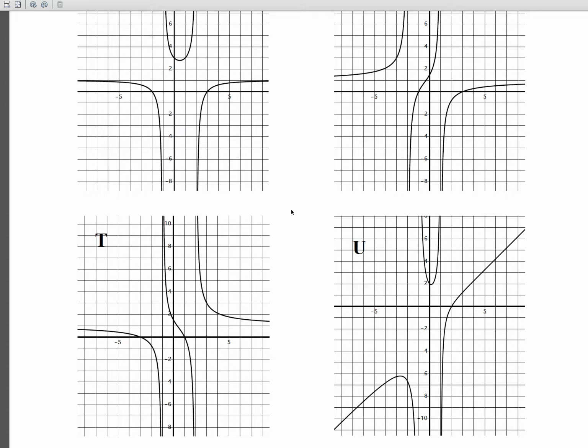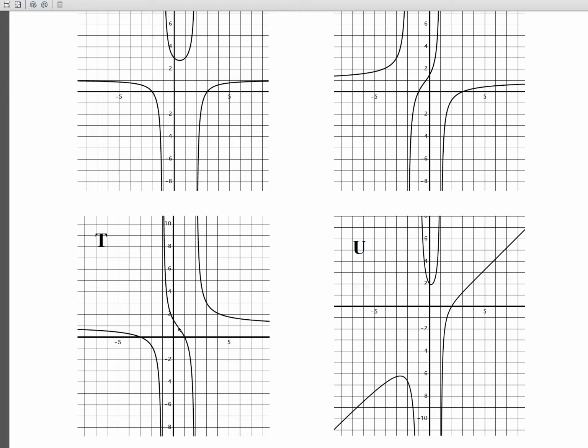graph T. Now, here's the horizontal asymptote at 1. The function does intersect that horizontal asymptote, but you might remember that a rational function's graph can cross its horizontal asymptote or its oblique asymptote, but only at one point.